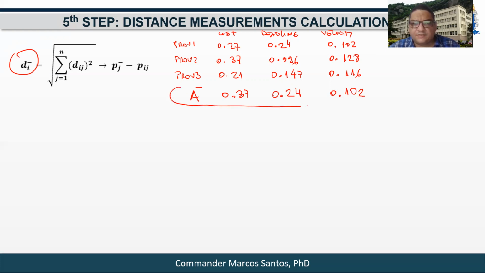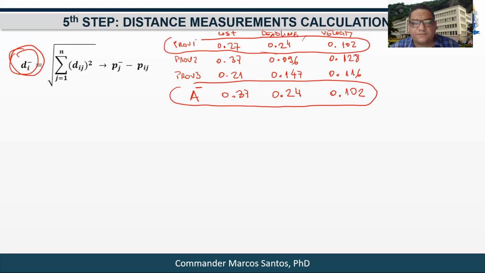This is my reference now because I'm calculating the negative d, this Euclidean distance with the negative reference. So let's calculate the distance of each one from the negative ideal.